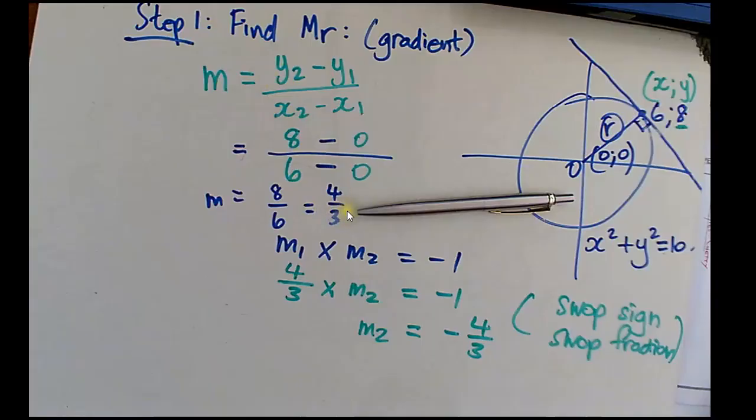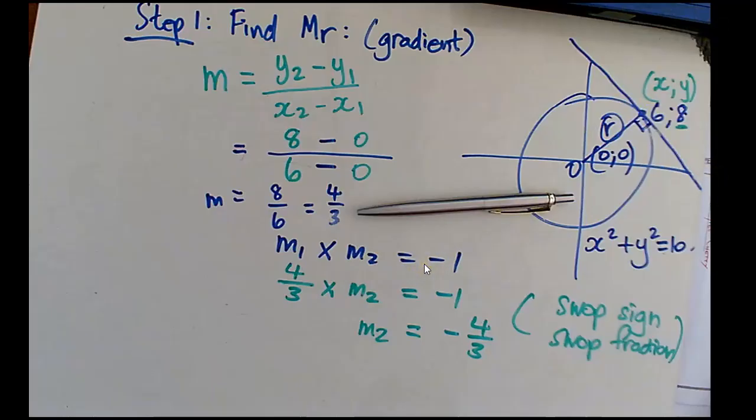Once we have 4 over 3, this means we now worked out m1, which is the gradient of the radius. Substituting the gradient of the radius, 4 over 3, notice that it's positive because it's going from quadrant 1 to quadrant 3. And then times m2, which is the gradient of the tangent, equals minus 1.